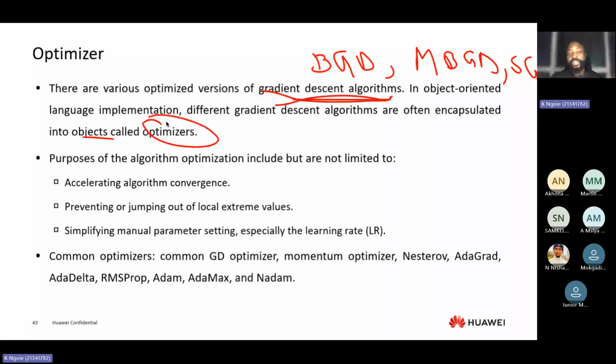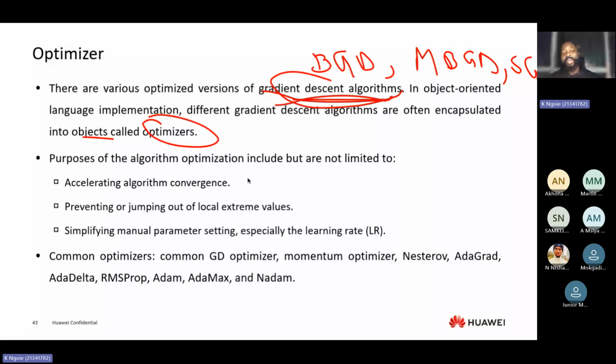So these optimizers are just an implementation of the gradient descent algorithm.